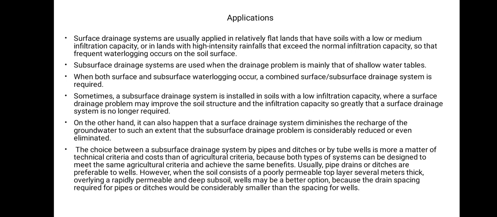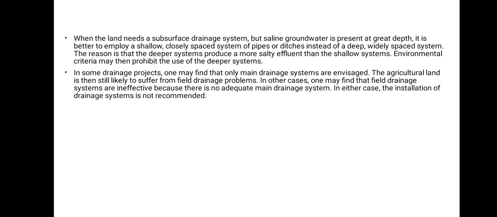Then applications. Surface drainage systems are usually applied in relatively flat lands that have soils with a low or medium infiltration capacity, or in lands with high intensity rainfalls that exceed the normal infiltration capacity, so that frequent waterlogging occurs on the soil surface. Subsurface drainage systems are used when the drainage problem is mainly that of shallow water tables. When both surface and subsurface waterlogging occur, a combined surface-subsurface drainage system is required.